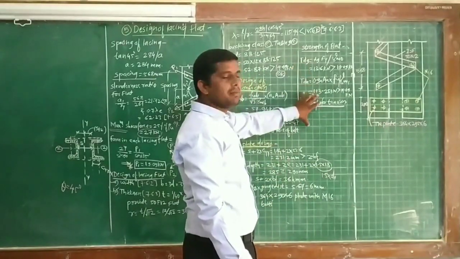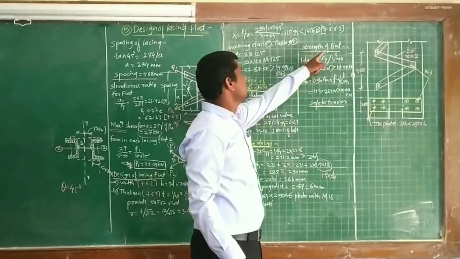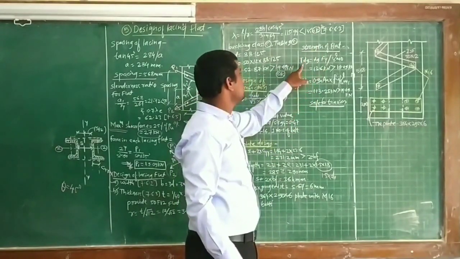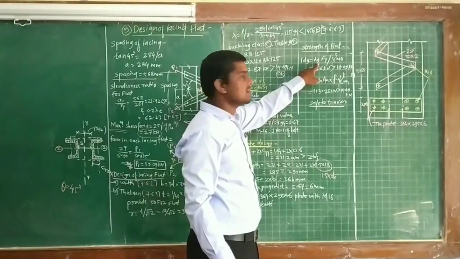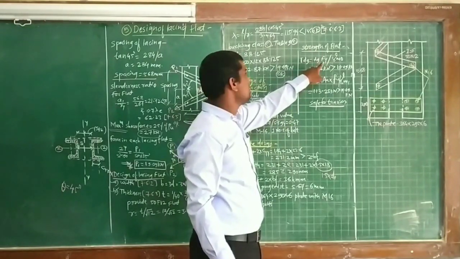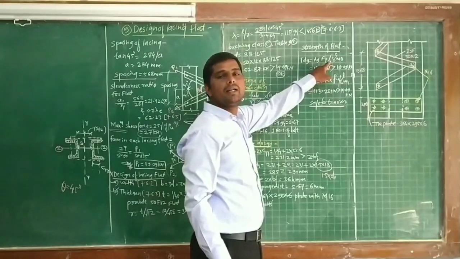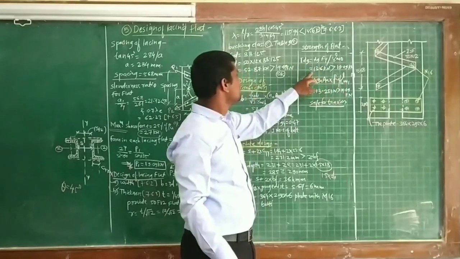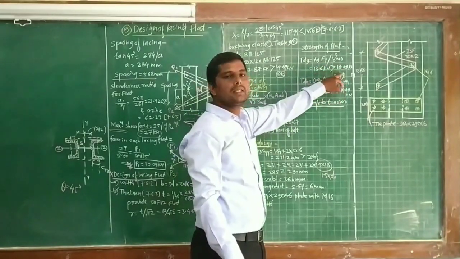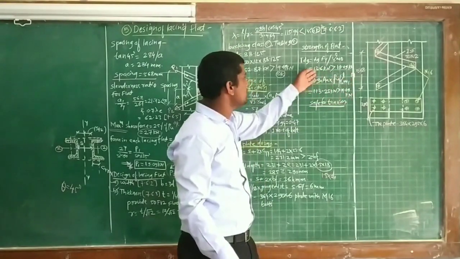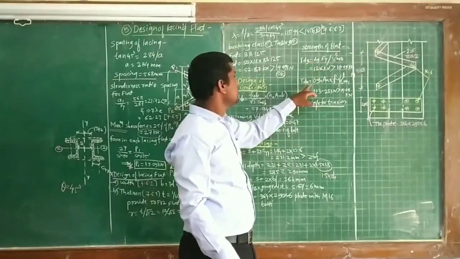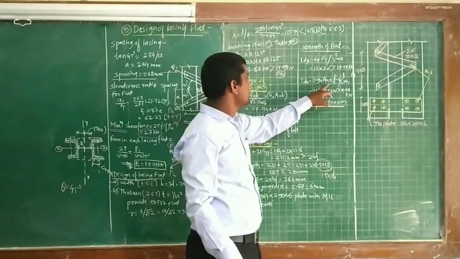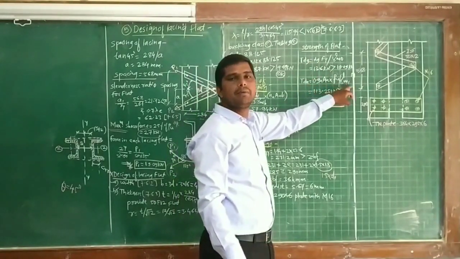Next, we are going to check the strength of this flat by using TDG is equal to gross sectional area into Fy divided by gamma m0. So 30.6 kilonewton, which is greater than 19.09 kilonewton. So it is okay under this strength. Then TDN is equal to 0.9 times net area into Fu divided by gamma m1.